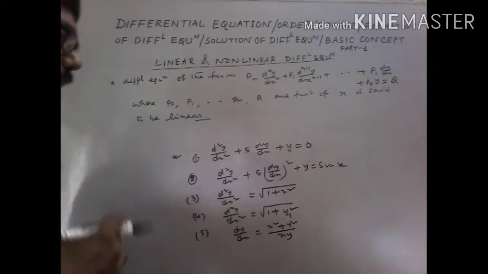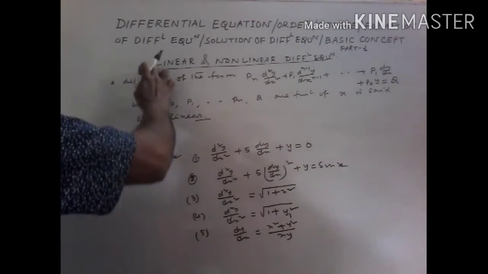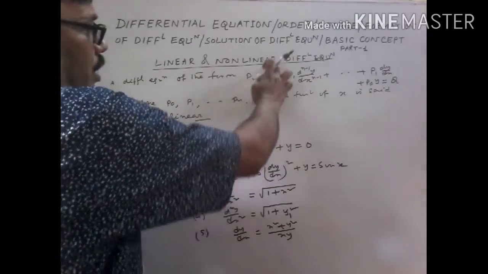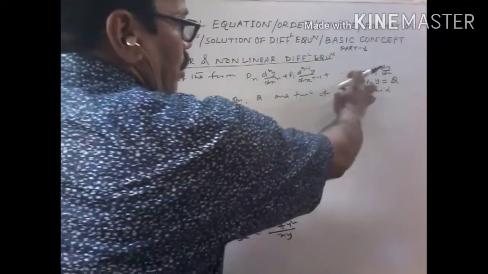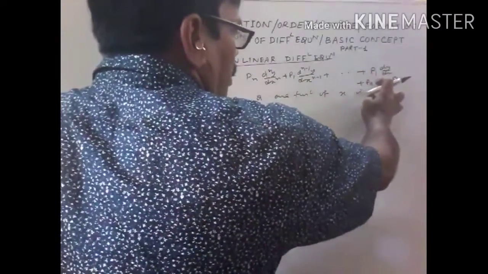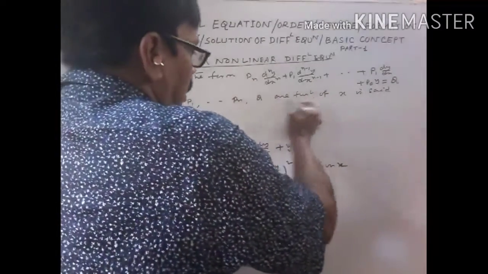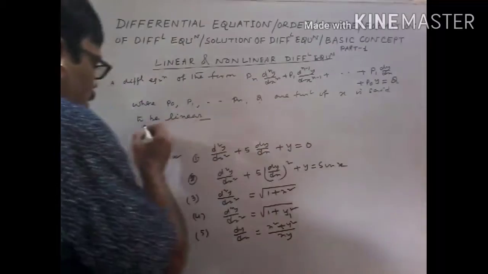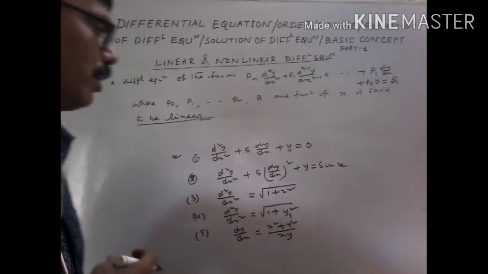So we first consider some examples. A differential equation of the form pn d^ny/dx^n plus pn-1 d^(n-1)y/dx^(n-1) and so on, plus p1 dy/dx plus p0 y equals q, where p0 to pn and q are functions of x, is said to be linear.